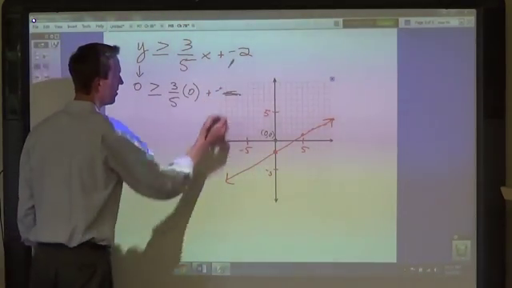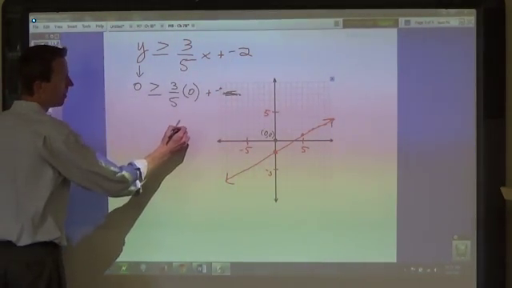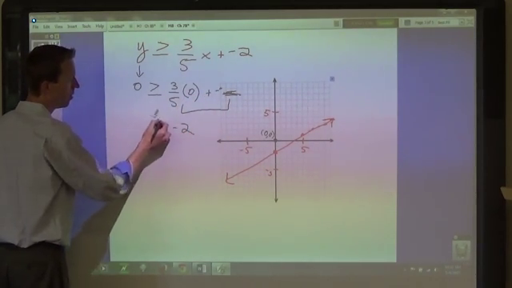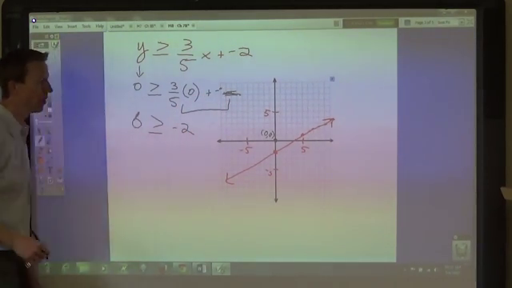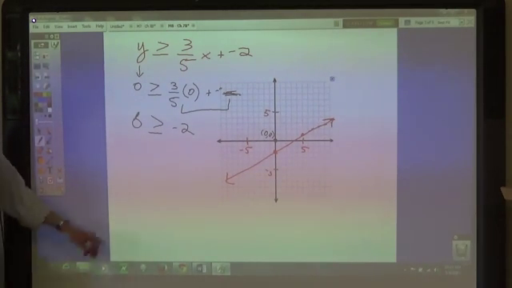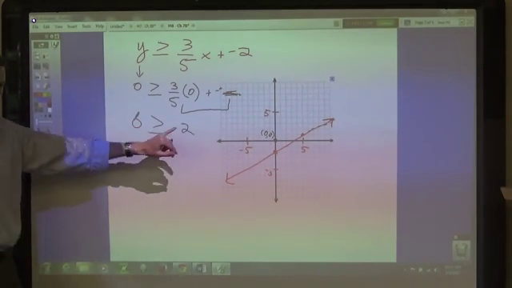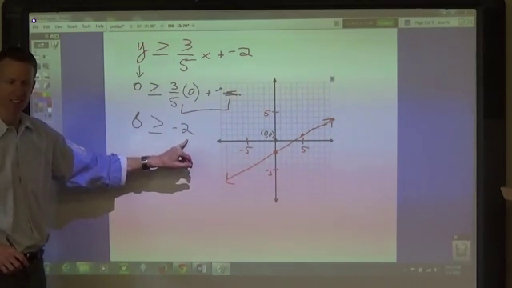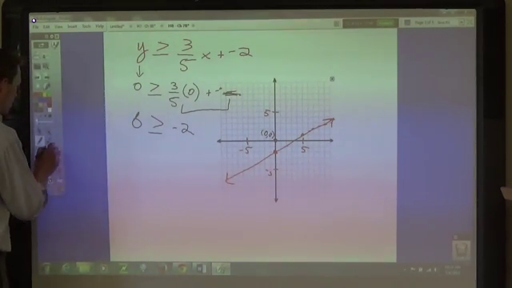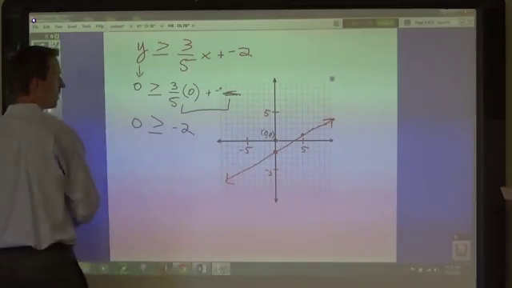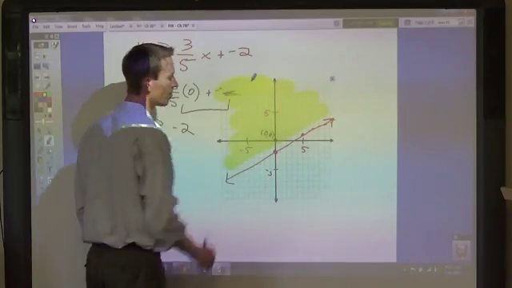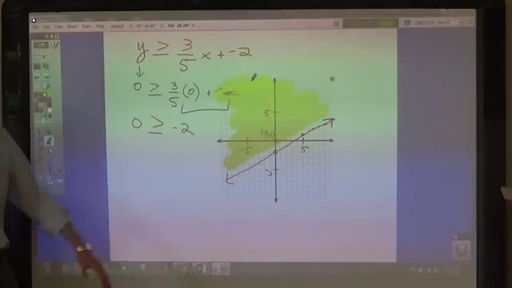It's -2. So when we simplify this, we get 0 and -2. Is 0 greater than or equal to -2? Is that true? Yes, it is. If it is true, then we shade that direction. So you'll take your pencil and shade that side of the line.